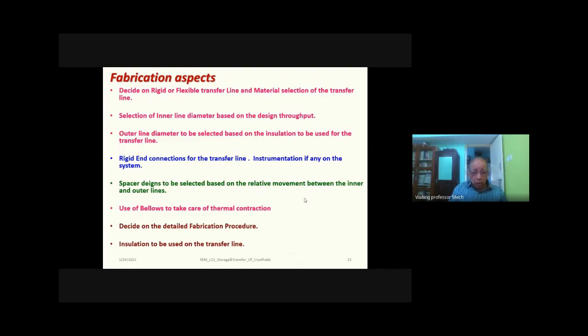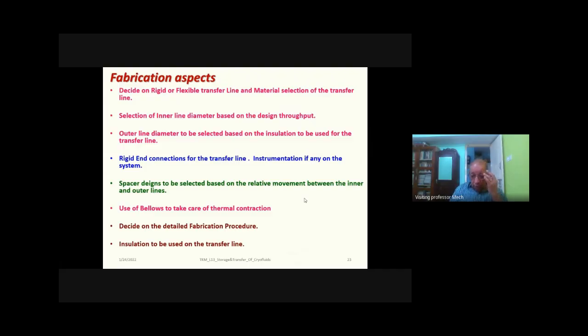You certainly may require rigid end connections on either side, because suppose I want to transfer liquid helium from my liquid helium storage container to the cryostat, then I require rigid sections which go into the storage dewar as well as into the cryostat.